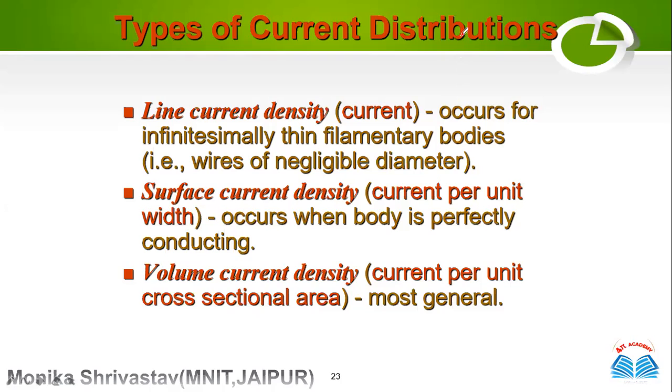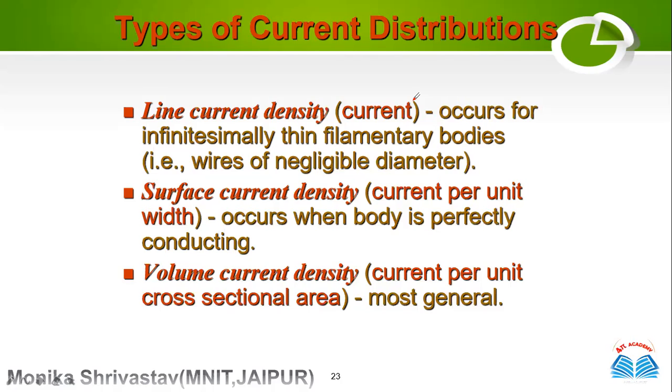In electrostatics we studied different types of charge densities for different surfaces. So what were those? Ma'am, line charge density, surface charge density, and volume charge density. Yes, good. These three were line charge density, surface charge density, and volume charge density.